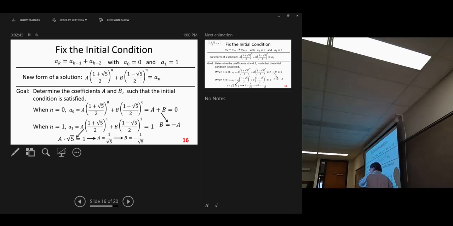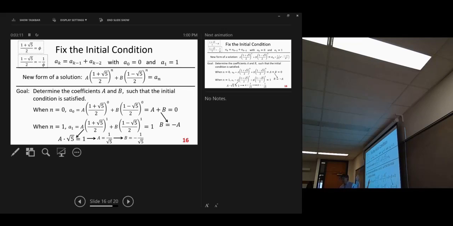Let's replace A and B by these two numbers. We get an explicit expression for the Fibonacci number. We still use phi to represent that golden ratio number. This one is negative 1 over phi.